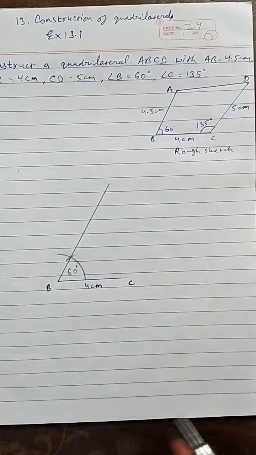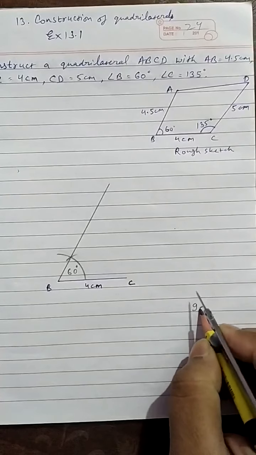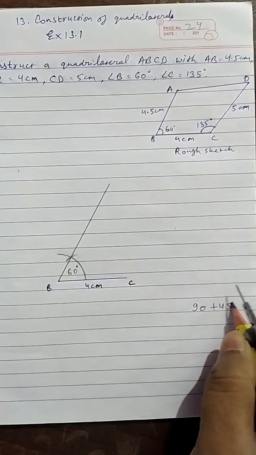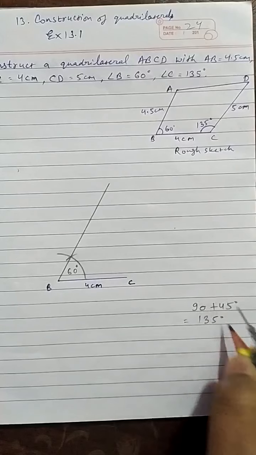135 you can draw using this formula: 90 plus 45 gives you 135 degrees.